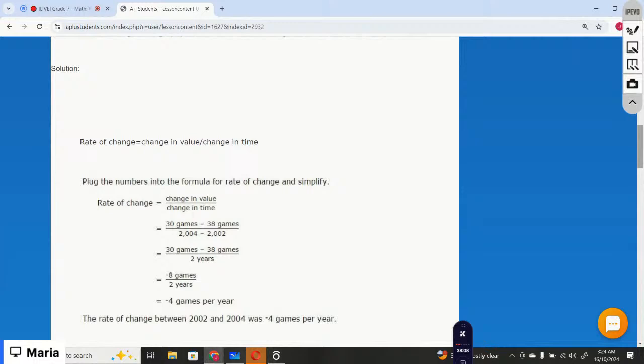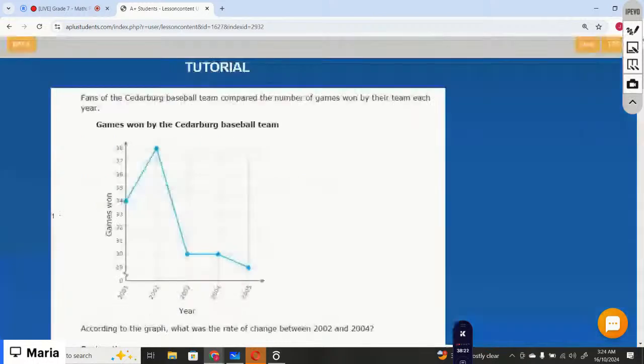So 30 games minus 38 games divided by 2004 minus 2002, right? So that is 8 over 2, that means 4 games per year. The correct option is 4. Let's just start with the test questions.